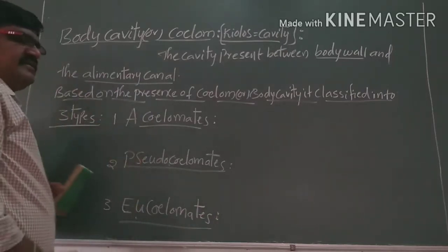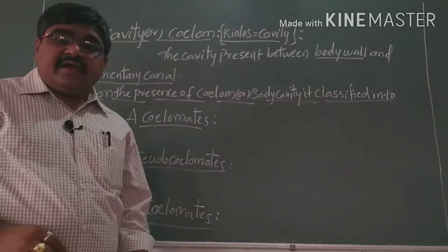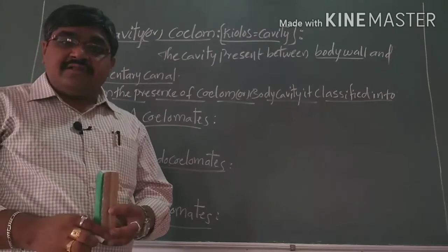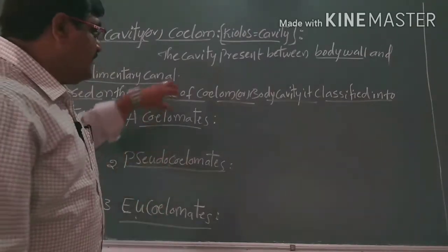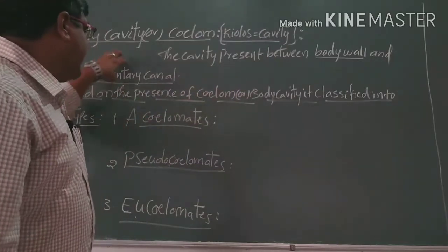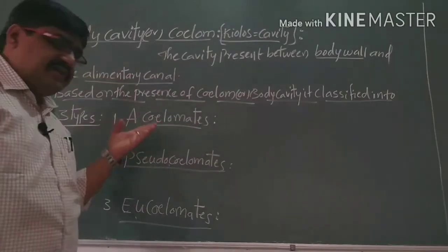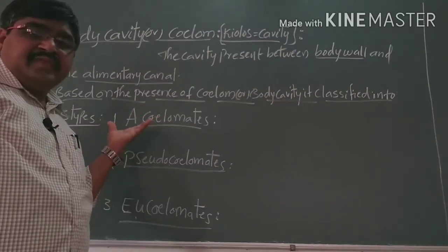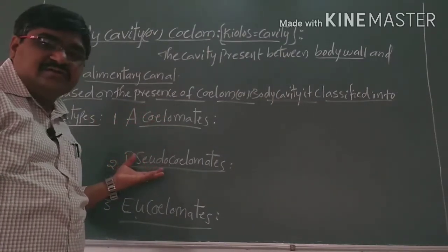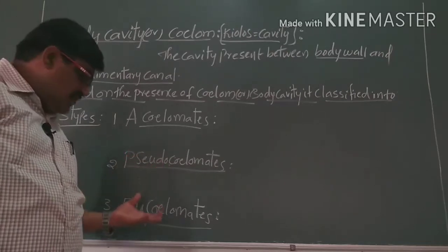So these are the three types of coelom, classified based on the presence of the body cavity between the body wall and the elementary canal: acoelomates, pseudocoelomates, and eucoelomates.